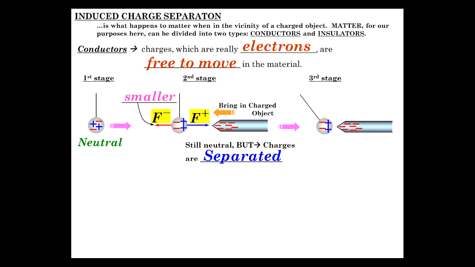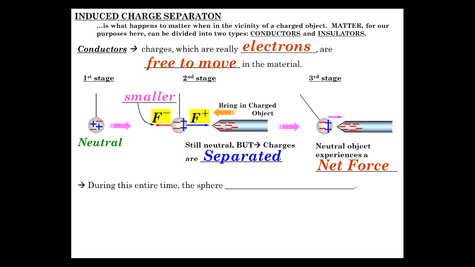The reason for that, as you can probably tell right away, is that they are further away than these charges. These charges are closer, the force is stronger; further away, weaker. If you add the forces like vectors, guess what we get? You guessed it, a net force, which causes the object to move toward the charged rod. And there it is. During that whole process, the sphere never attained any charge.